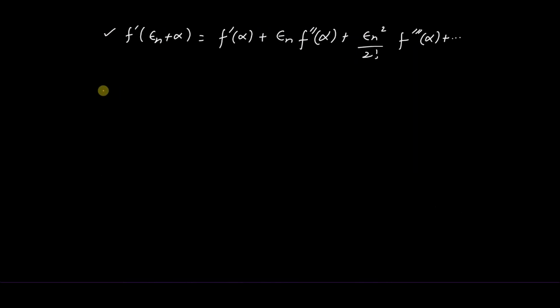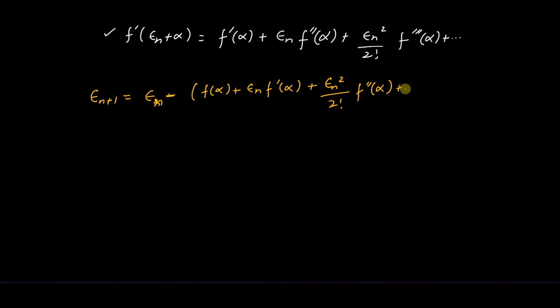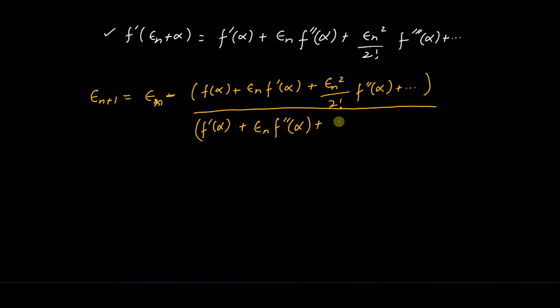So epsilon_{n+1} = epsilon_n - [f(alpha) + epsilon_n f'(alpha) + epsilon_n^2/2! f''(alpha) + and so on] divided by [f'(alpha) + epsilon_n f''(alpha) + epsilon_n^2/2! f'''(alpha) + and so on].